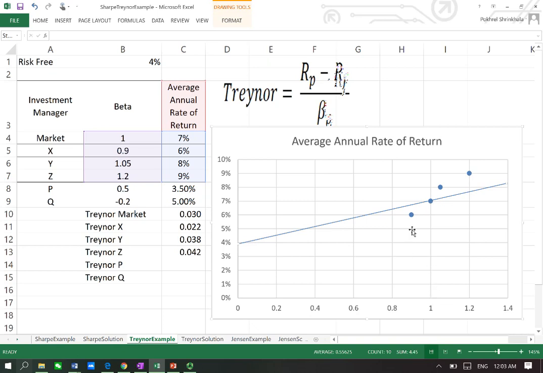So the returns above this security market line are definitely giving superior returns, and those below are not. So that's something we can note from this example.